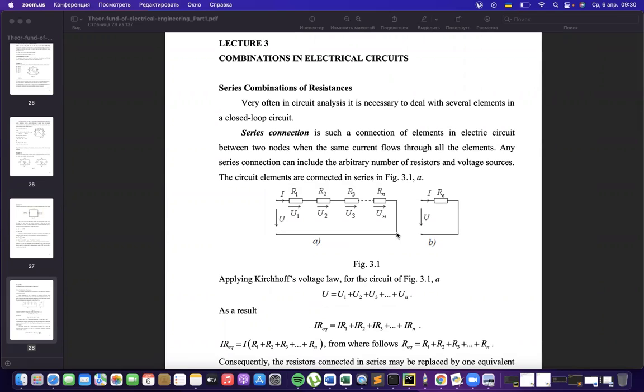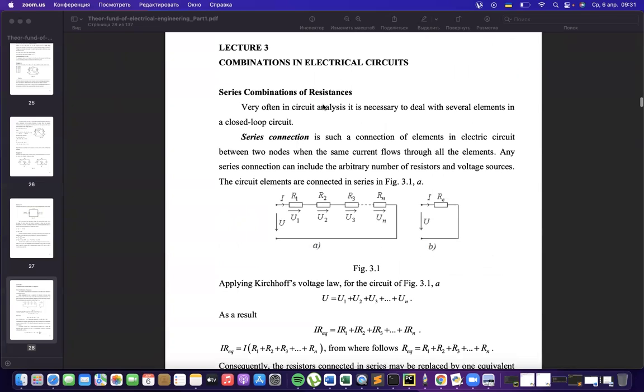It means that if we have a combination of resistors or a combination of sources, we could simplify the mathematical model by combining resistors into a single device to decrease the number of elements inside our model. It is called combinations or equivalent transformations.